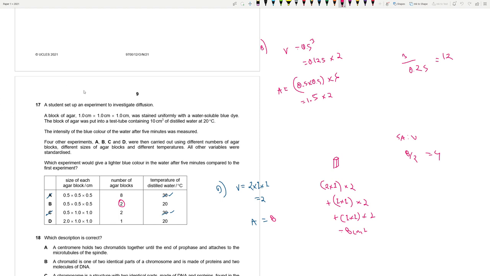In our initial experiment, we had this block, right? It had a volume of 1, and a surface area of 1 into 1 into 6. So that's 6. So the surface area to volume ratio was 6 by 1, or just 6.